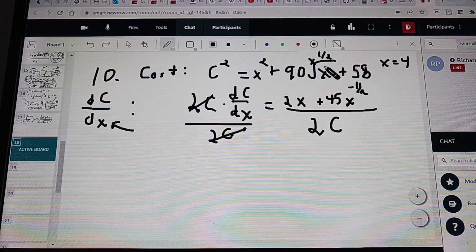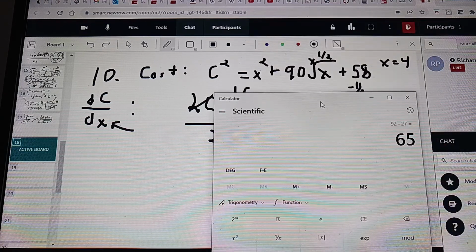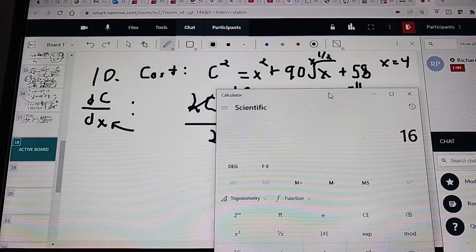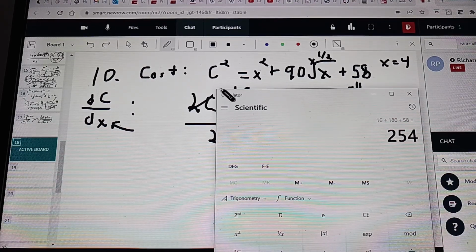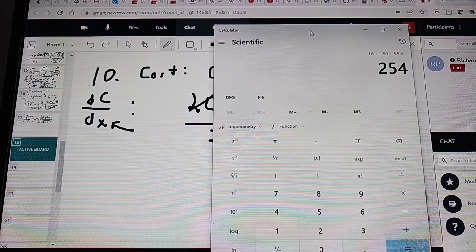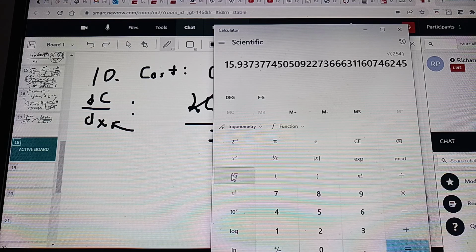Square root of 4 is 2 times 90, plus 58. What is that? That's 16 plus 90 times 2 is 180, plus 58. So c squared would equal 254. So c would be the square root of 254, which definitely, I don't think that comes out evenly. No.